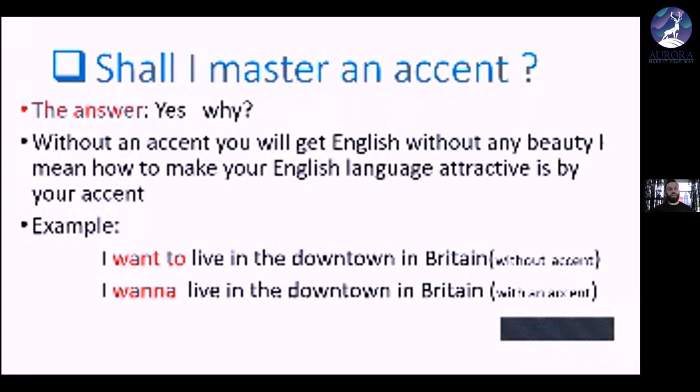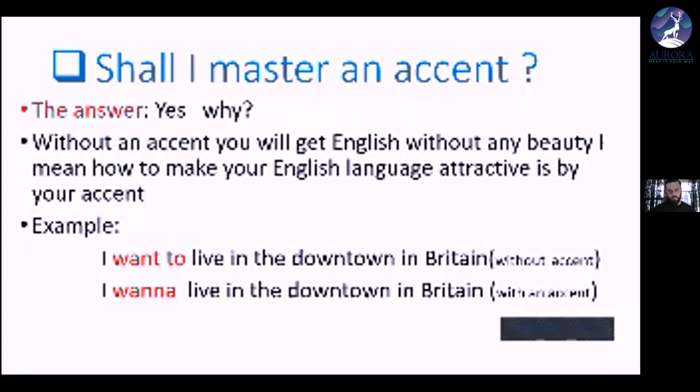I have an example here. You have to search for examples and know them in order to shape your English language. The first one: I want to live in the downtown in Britain. This is without accent.